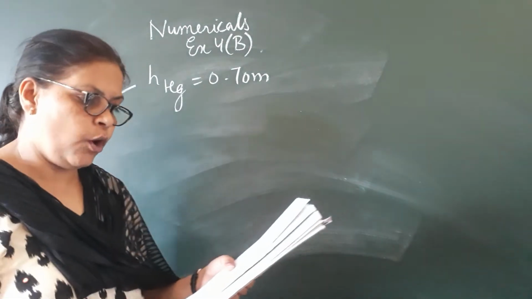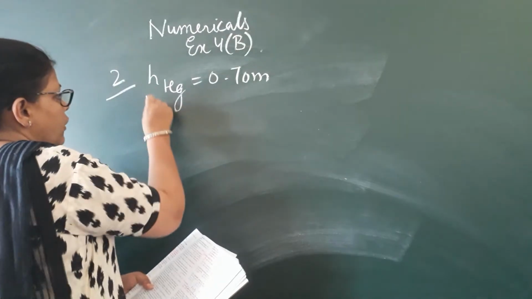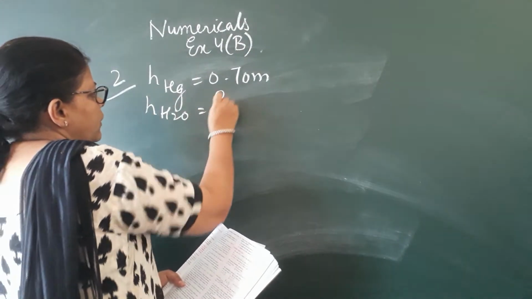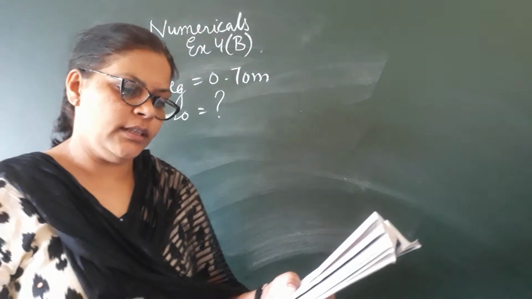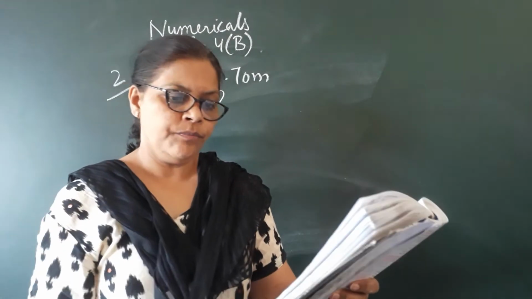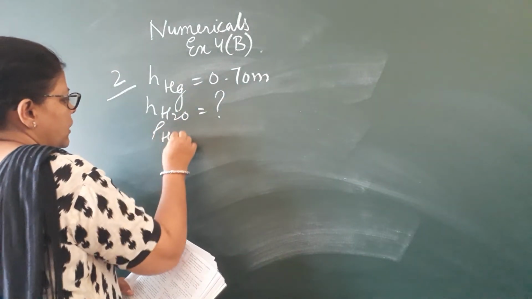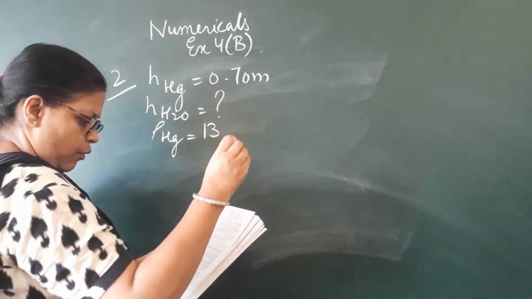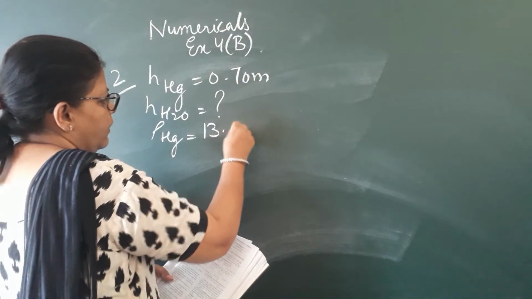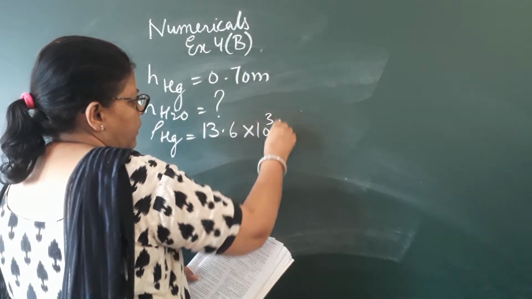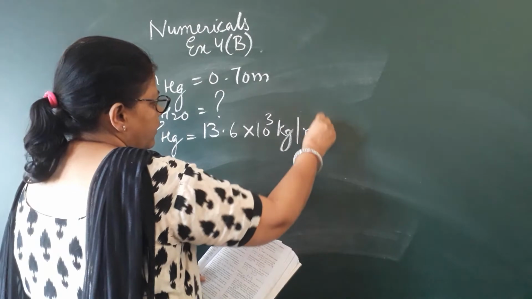It is given to you. What would be the height of water column? You are supposed to find out the height of the water column. And what else is given to you? They have given you the density of mercury. Okay, fine. Density of Hg is 13.6 into 10 to the power 3 kg per cubic meter.